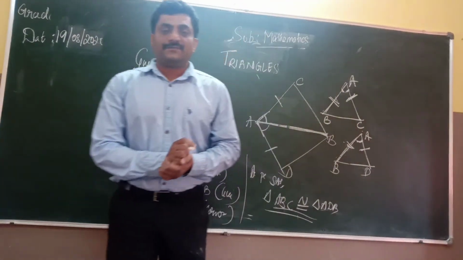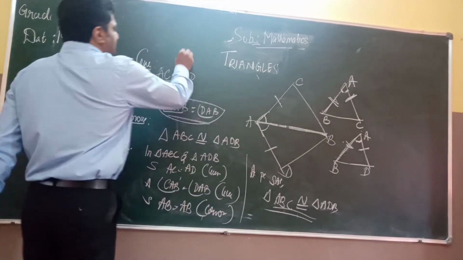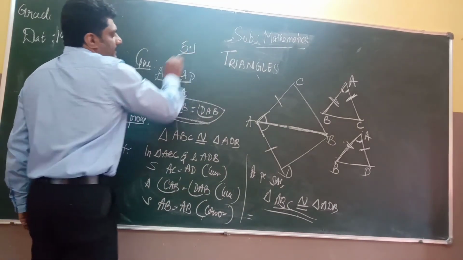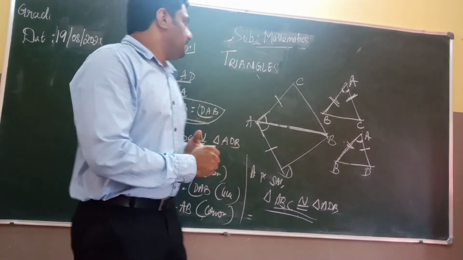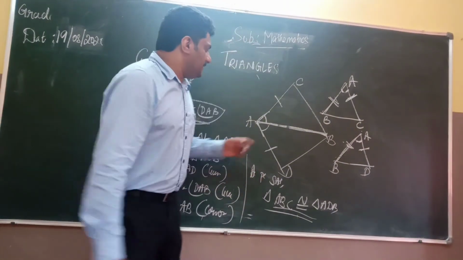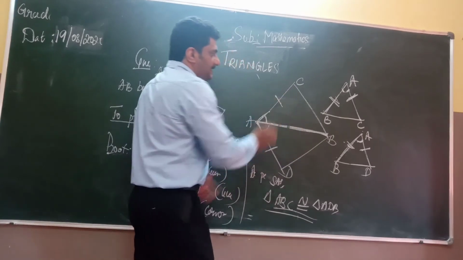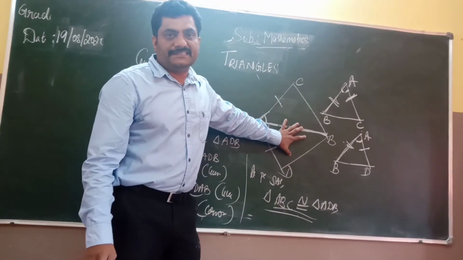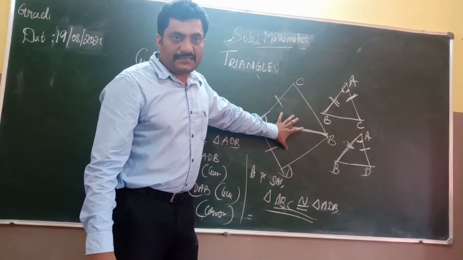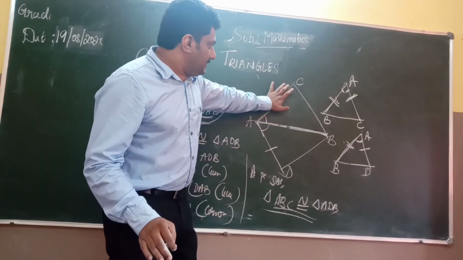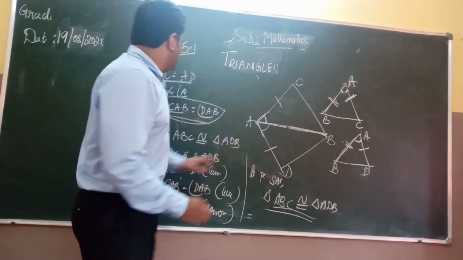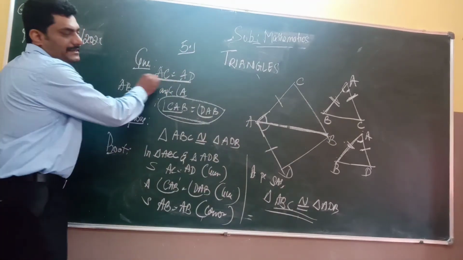Okay, students, the next problem is exercise 5.1. In exercise 5.1, the first problem they've given us is a quadrilateral ABCD. This is a complete quadrilateral ABCD. In this quadrilateral, it is all given: AC is equal to AD.